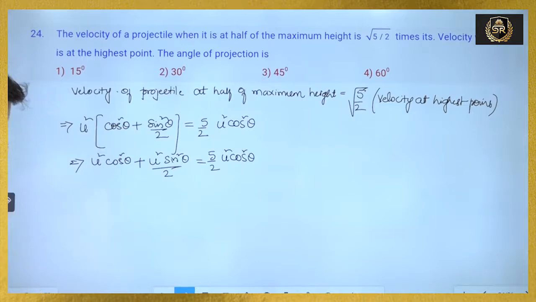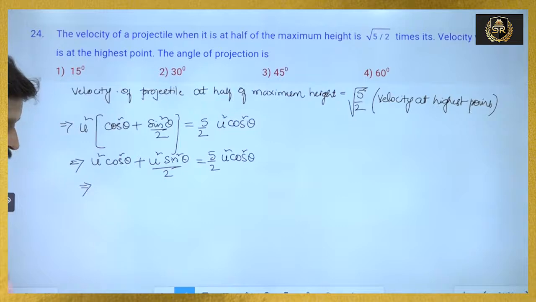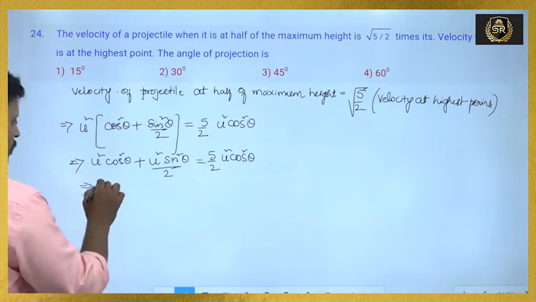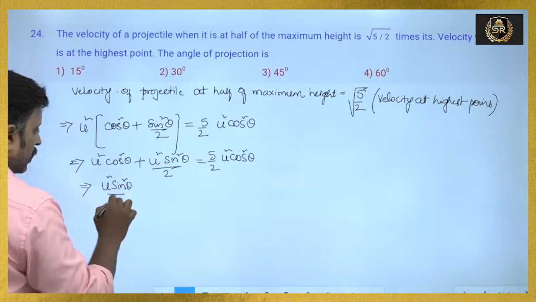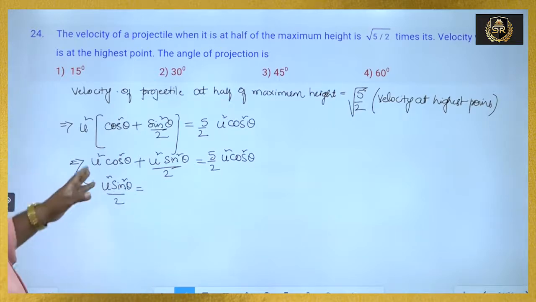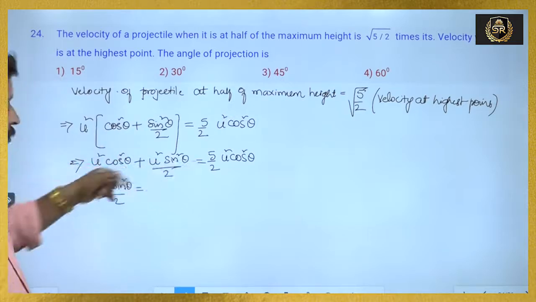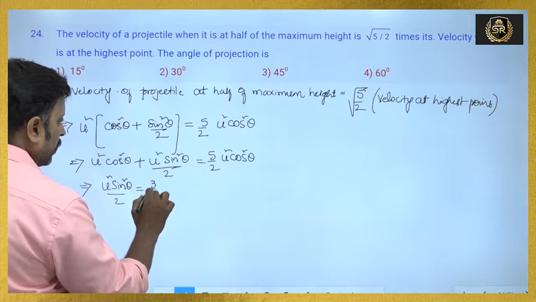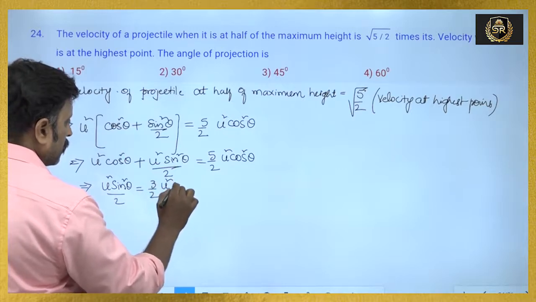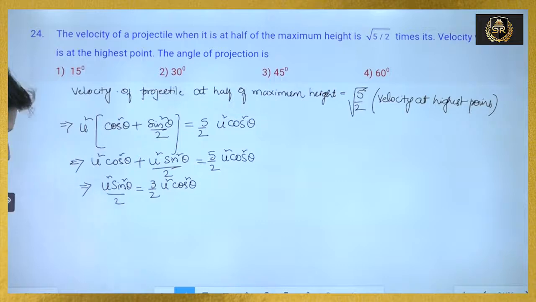Okay. So see here, this u square sin square theta by 2, I'm writing here only. Let this u square cos square theta be shifted to the right side. So 5/2 minus 1, its value is 3/2, so it becomes 3/2 u square cos square theta.